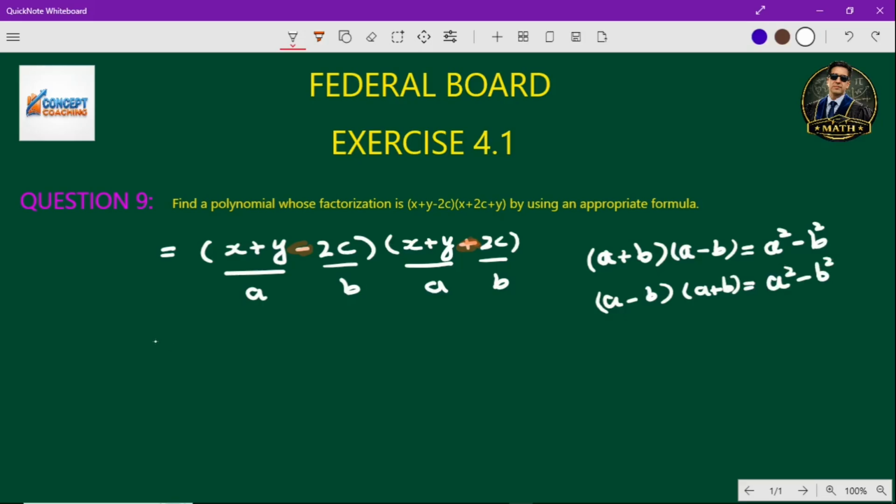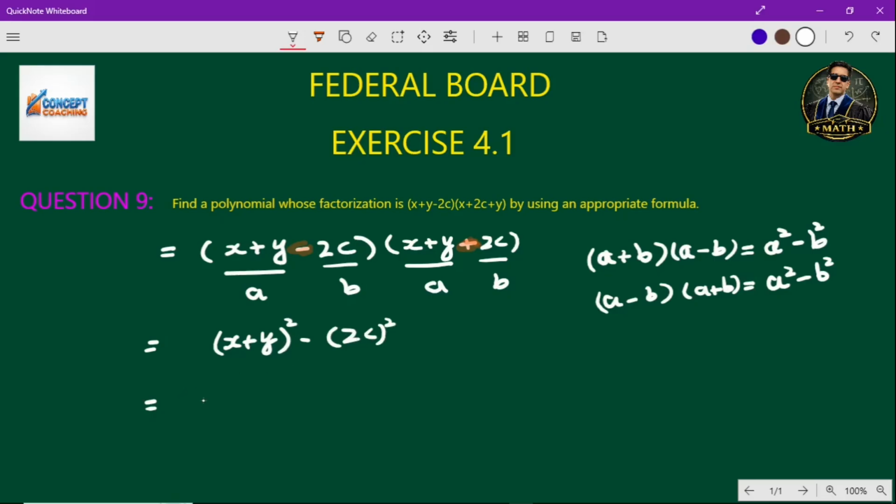Now we apply the formula. Instead of a we have x plus y, and instead of b we have 2c. So we take the square of x plus y whole square, minus 2c whole square. Now we apply the formula of a plus b whole square, x plus y whole square.